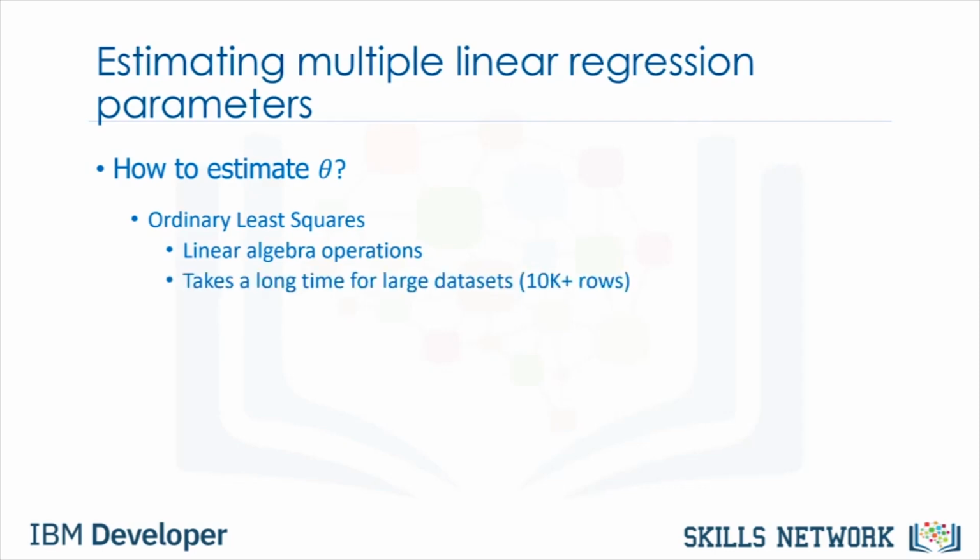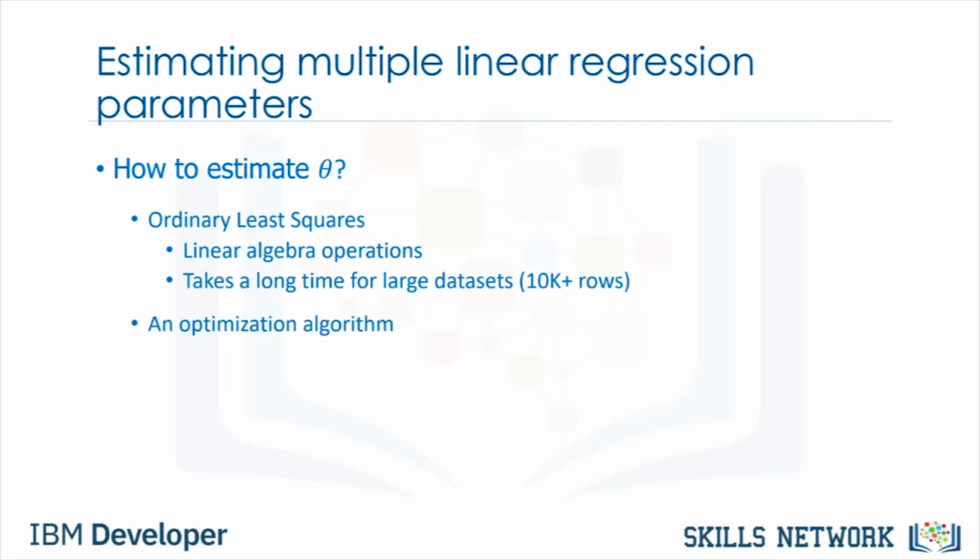The problem with this technique is the time complexity of calculating matrix operations, as it can take a very long time to finish. When the number of rows in your dataset is less than 10,000, you can think of this technique as an option. However, for greater values, you should try other, faster approaches.